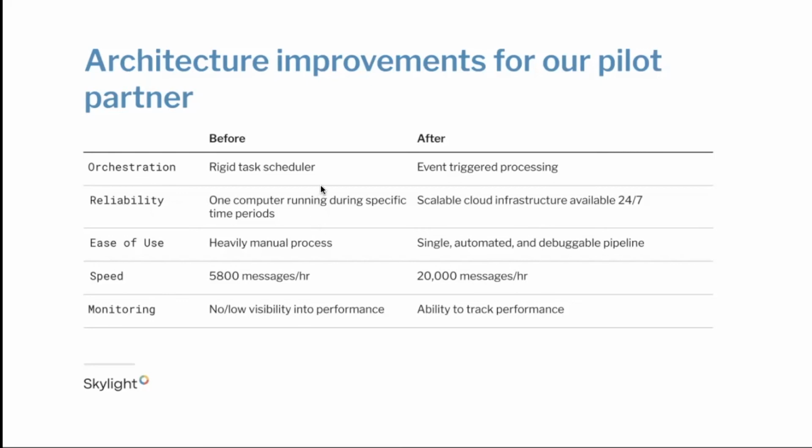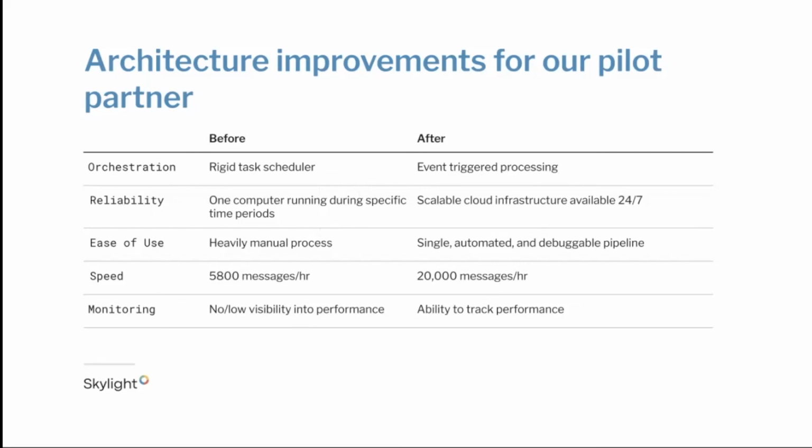And Virginia had a similar system where they had a very rigid task scheduler for all the different ETL processes to occur on. But basically, instead of waiting and saving up a whole lot of data processing to happen on a schedule, our event-triggered approach just allows the system to gradually process data continually as the data is received.